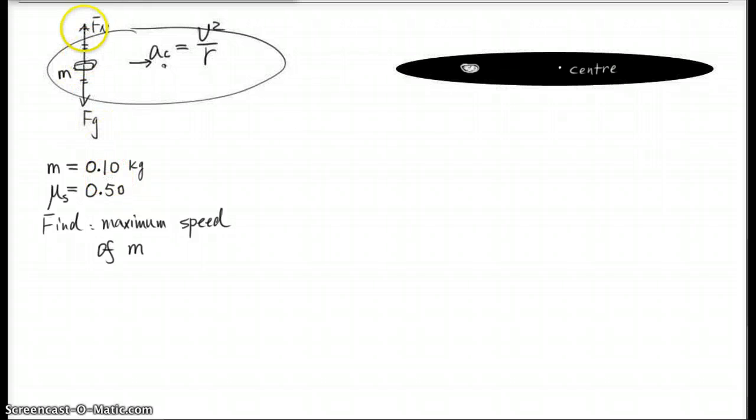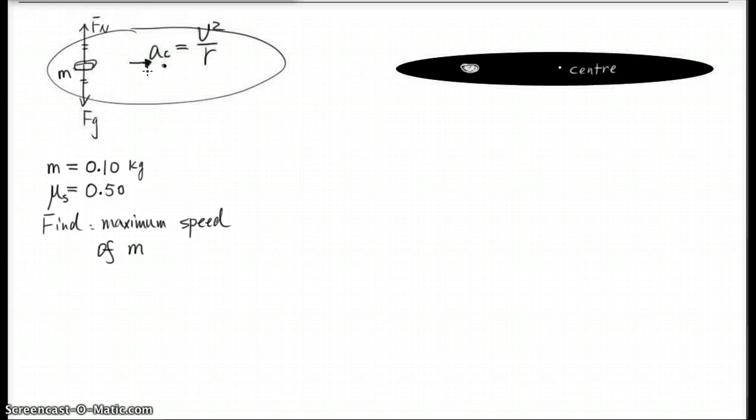So we have Fn and Fg, they should be equal, because in this direction there is no motion. The motion is only circular motion, so the center is right here. As we said earlier, whenever there is circular motion, we must have a centripetal acceleration pointing to the center. That's how we call it centripetal acceleration.